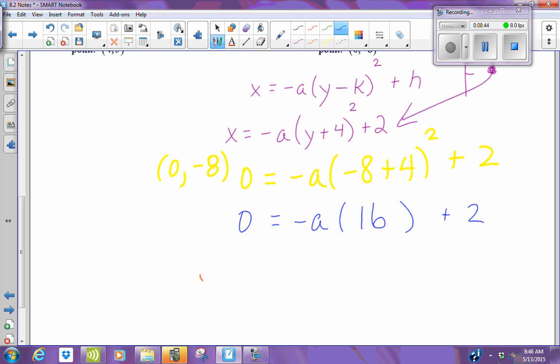Here's what I see. I see people trying to add those together and somehow get a 14. You cannot add -16A plus 2. You have to subtract the 2 over. So A is 1/8, but when it goes into the equation, it will go in as a negative sign.